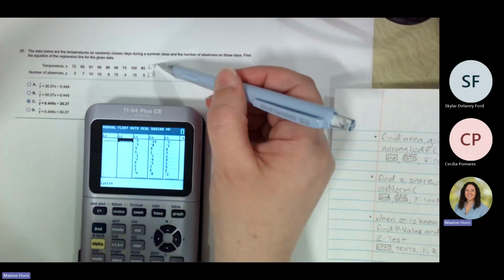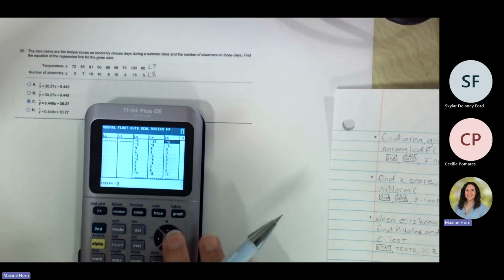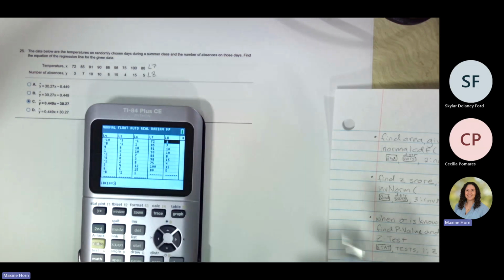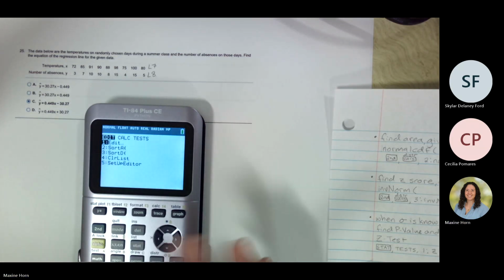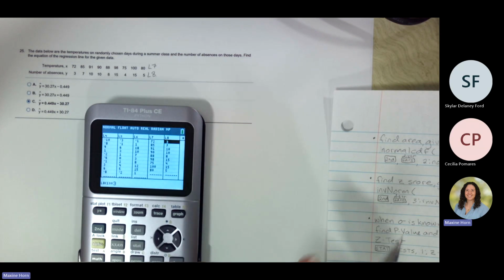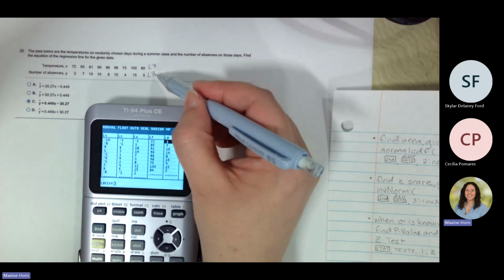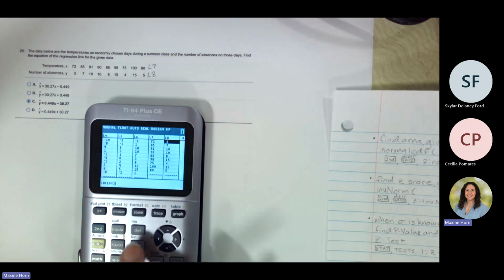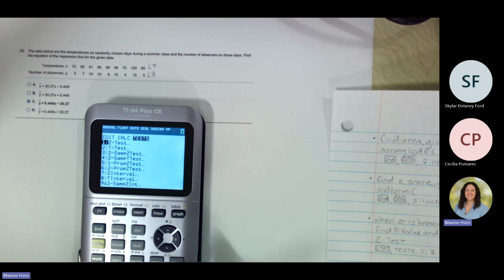Okay, so I put these numbers in L7 and L8. Just double check that that really is. Yes, that looks right. Okay, so we did stat, edit, to put the numbers in a list, make sure we know which lists we're putting them in. Then we're going to go to stat tests, and we go all the way down to linear regression t-test, F. We're going to tell it which list we were in.